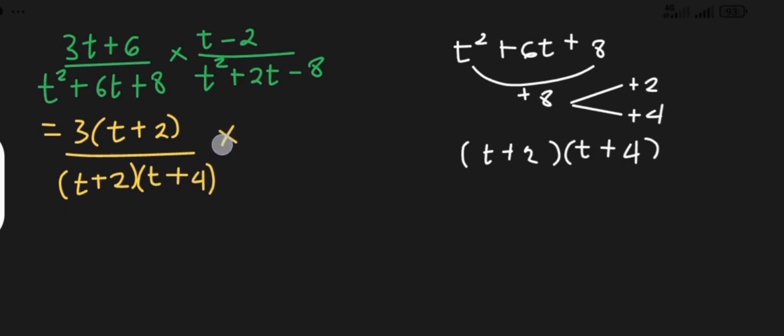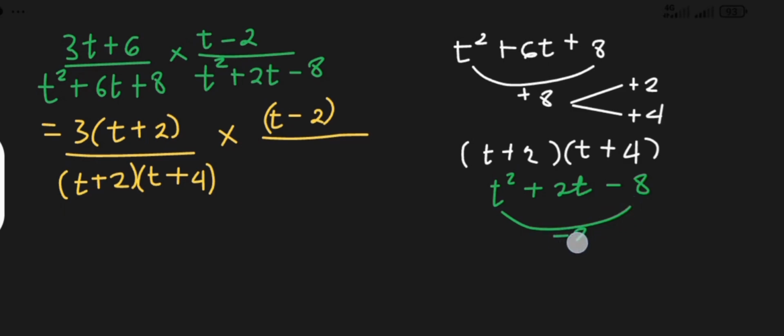And this times the second fraction, we already have a t minus 2. We can put it in parentheses. Then we factor the denominator. The denominator is t squared plus 2t minus 8. Then the factors of negative 8 that will give positive 2.